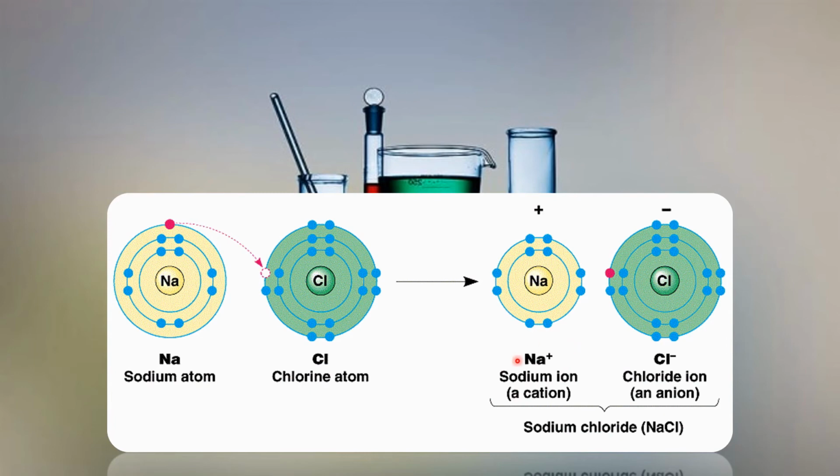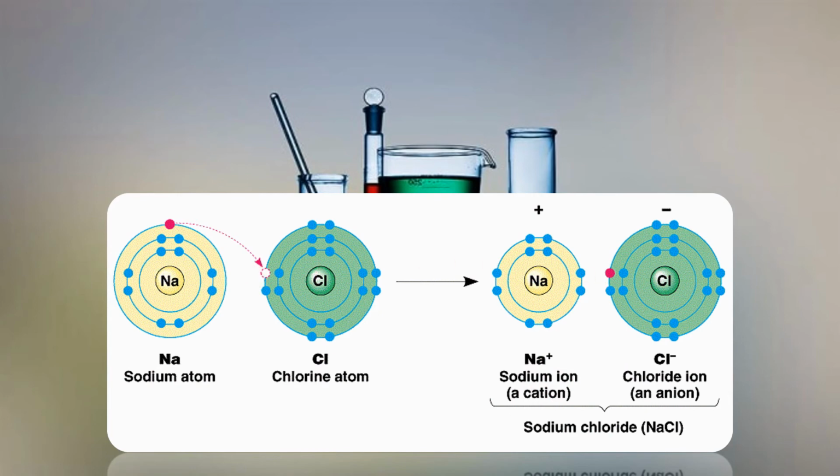Now sodium is a positive ion. Since it has lost one electron, it has lost one negative charge, it has one extra positive charge, and hence it is a positive ion and it is called a cation. And chlorine receives one extra negative charge.